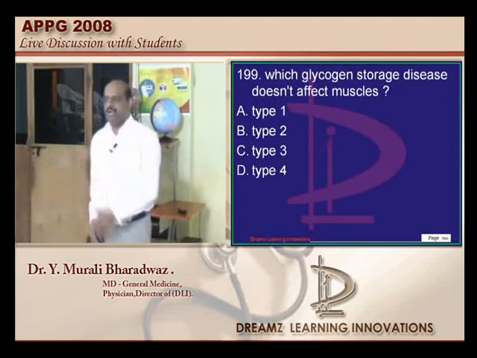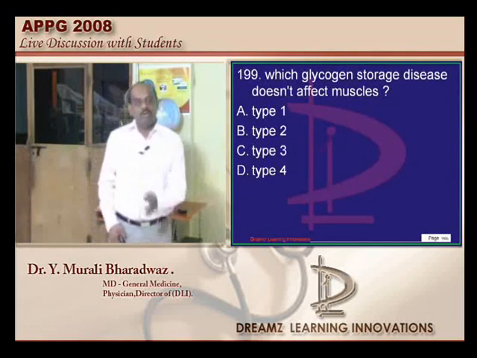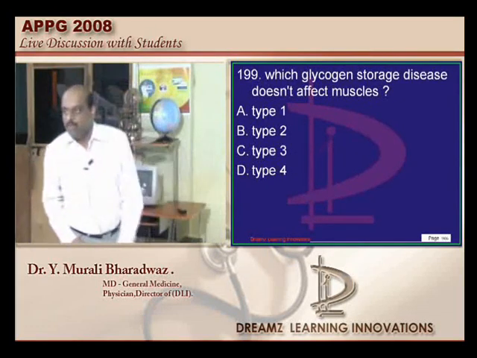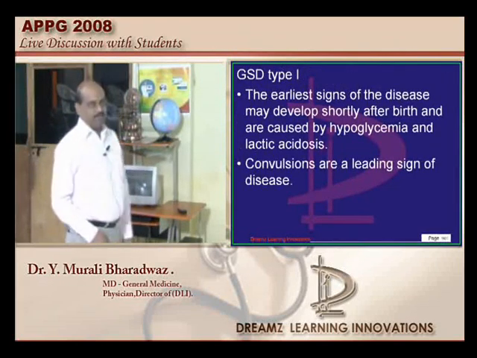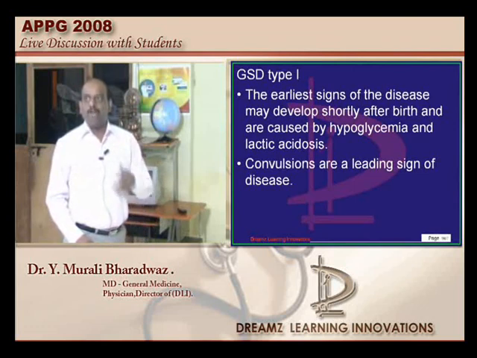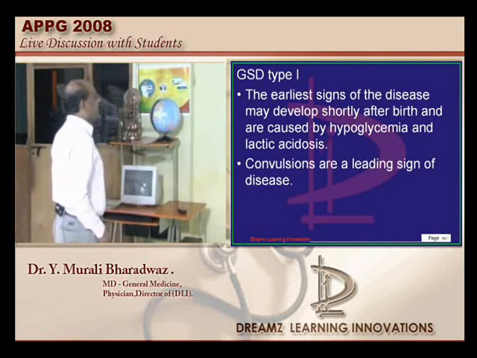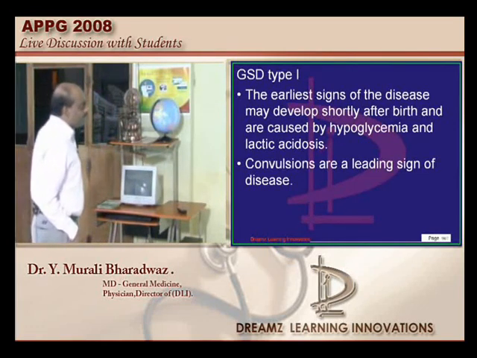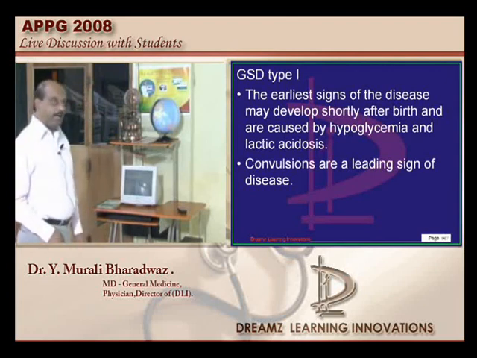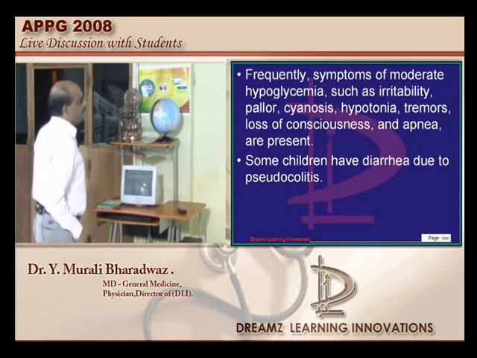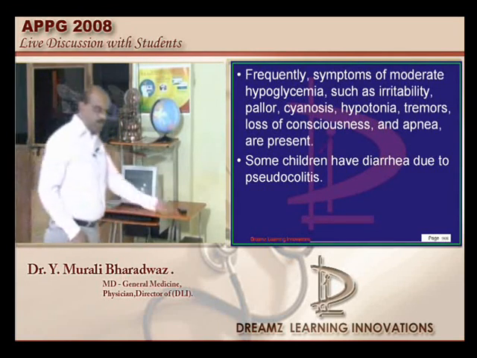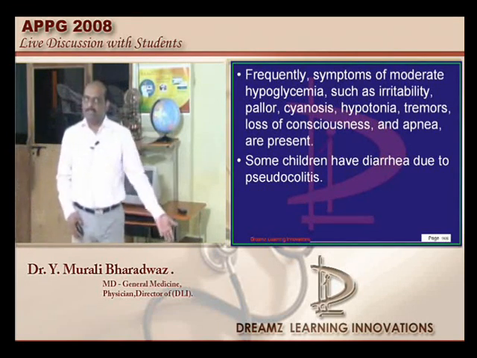Glycogen storage disorder which does not involve the muscle but involves only the liver and kidney, which is the one? Glycogen storage disorder type 1, also called von Gierke's disease. All of you know there is lactic acidosis, hypoglycemia, convulsions, they are all important presenting features. And why does it not involve the muscle and only these parts?